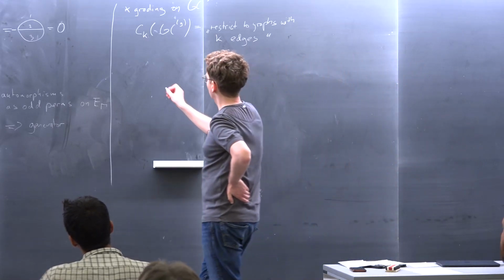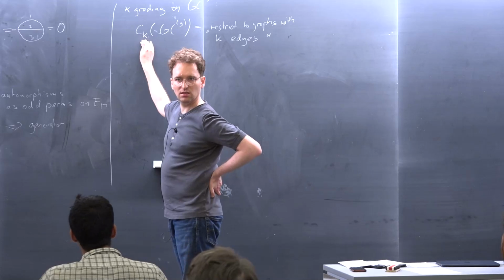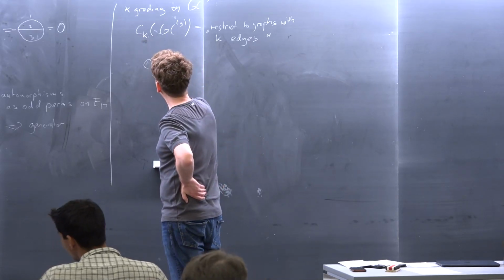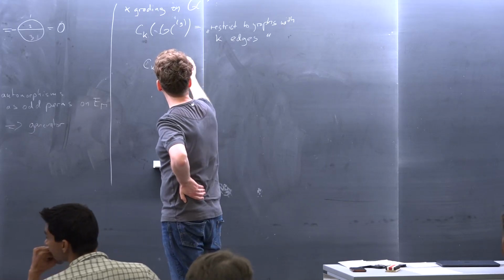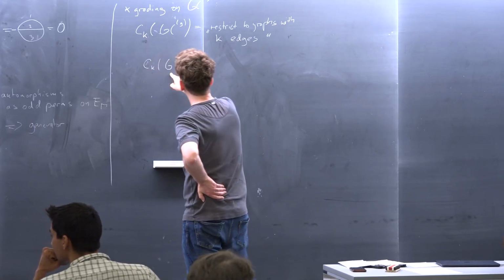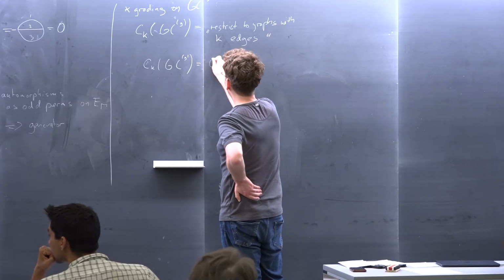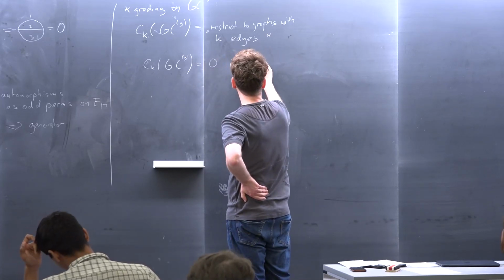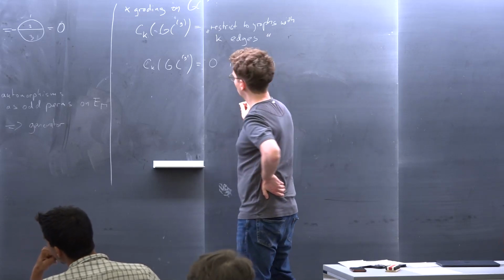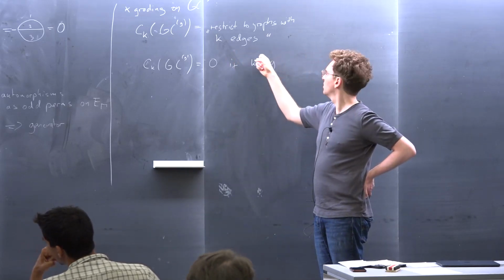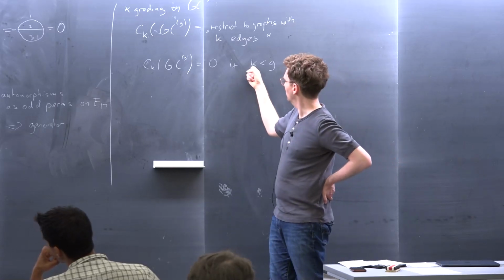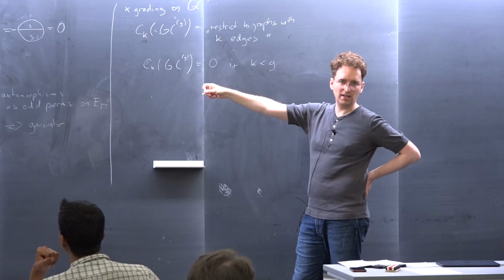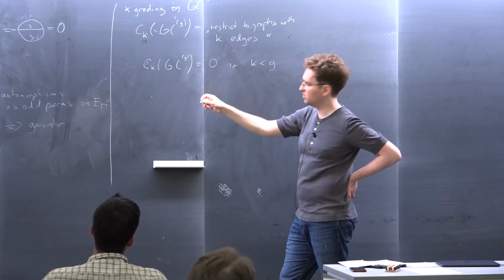And one thing that we can see is that this is a finite dimensional chain complex. So C_k of GCG is 0 if k is smaller than g. That's because if k is equal to g, we do not have enough edges to make this rank of the graph possible.